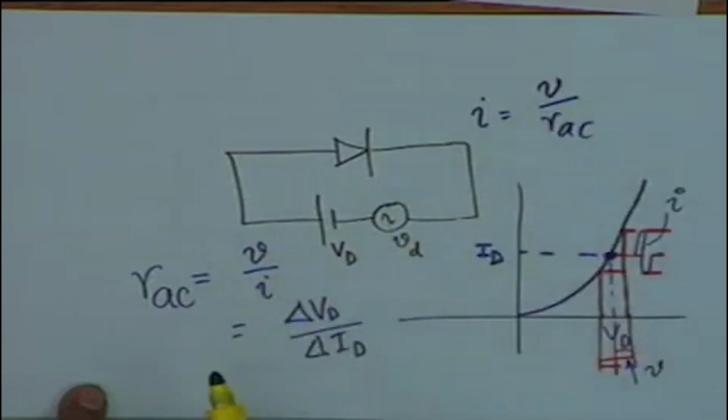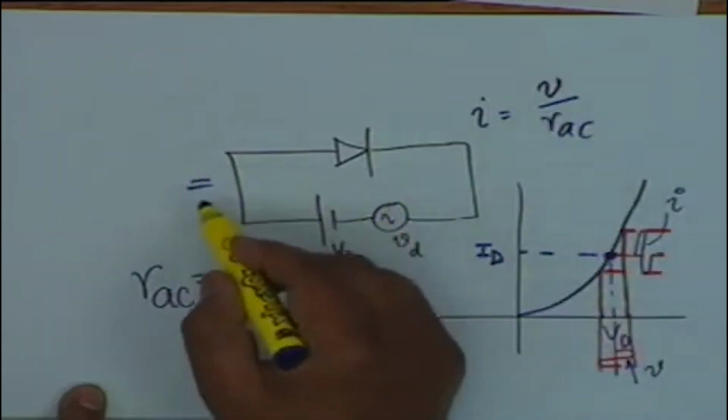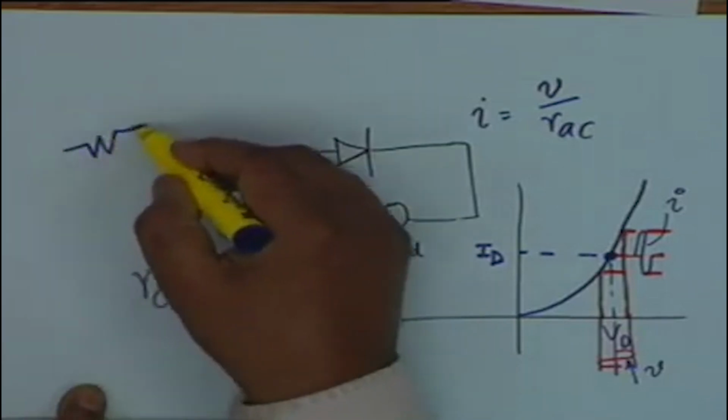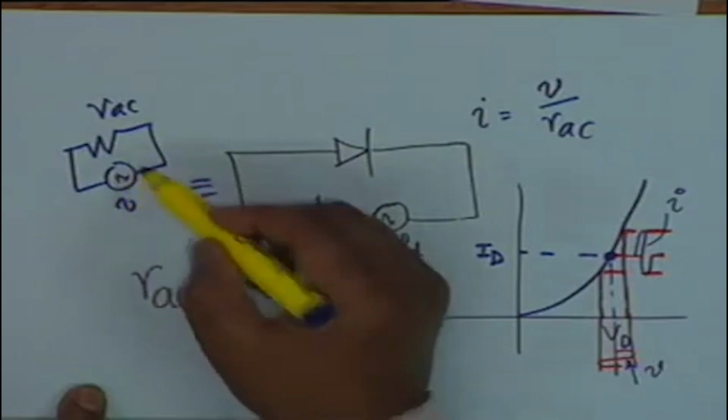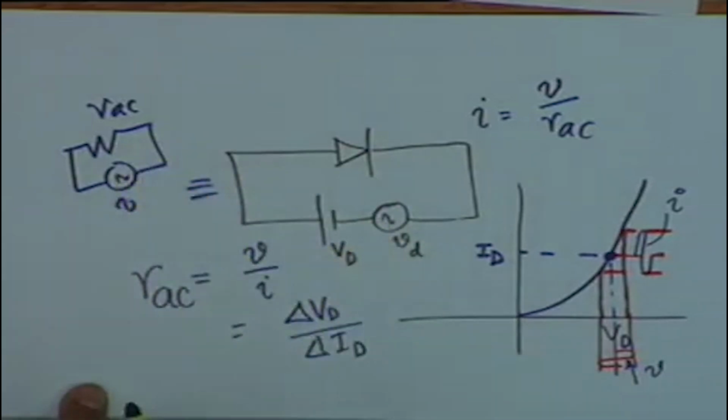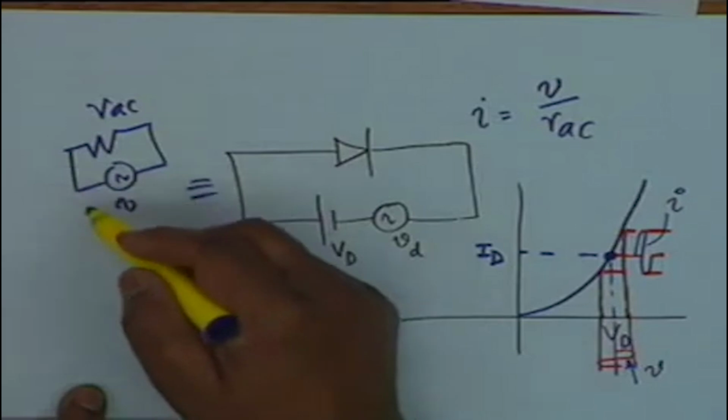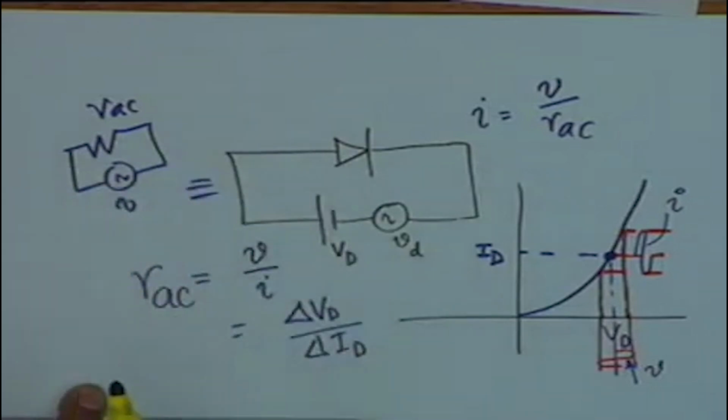In other words, the whole circuit can then be replaced by a simple resistance r AC and a voltage v. We forget about the DC part. This is called a small signal model of the diode.